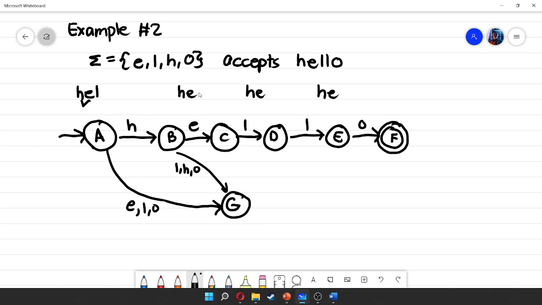If ang sunod kay letter E, or if ang sunod kay letter H, or if ang sunod kay O, then that is wrong. That's wrong spelling, or that's rejected. Therefore, if we are in state C and then makakita tag EHO, we reject it. Okay?